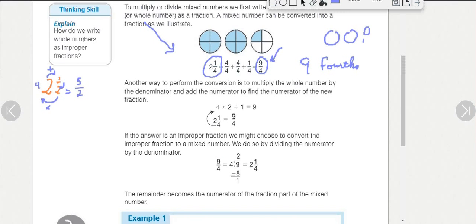And a fourth looks like that or this. So if you cut that up and you realize, 1, 2, and 1/4, or 1, 2, 3, 4, 5, 6, 9 quarters or fourths, right? Or you can do what we just talked about, multiply and then add.